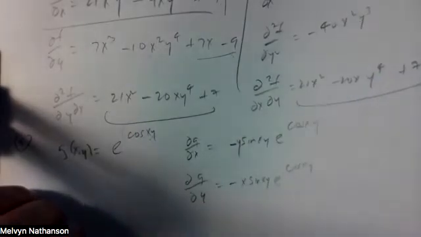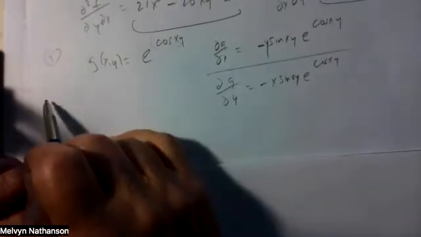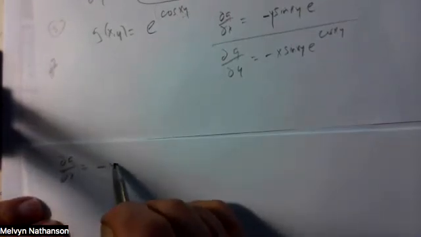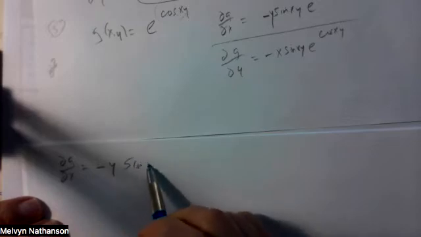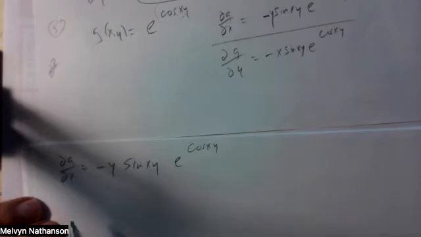And now if we look at the various second partial derivatives. If I differentiate this again with respect to x, so I have the partial of g with respect to x is minus y sine of xy e to the cosine xy.